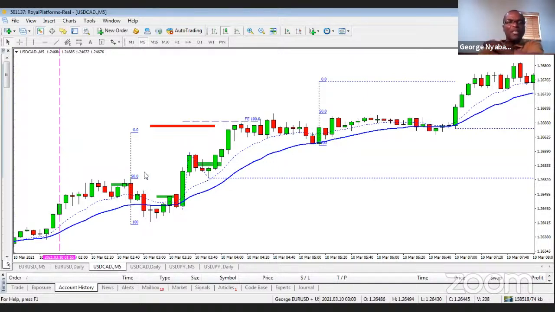Now, you can begin to see the absolute importance of measured moves and where to take your profits. Now, the reason they're important is, if you don't use the measured moves, what could happen is you say to yourself, well, let me take a trade, I'm going to put my take profit there, and I'll be able to manage it.